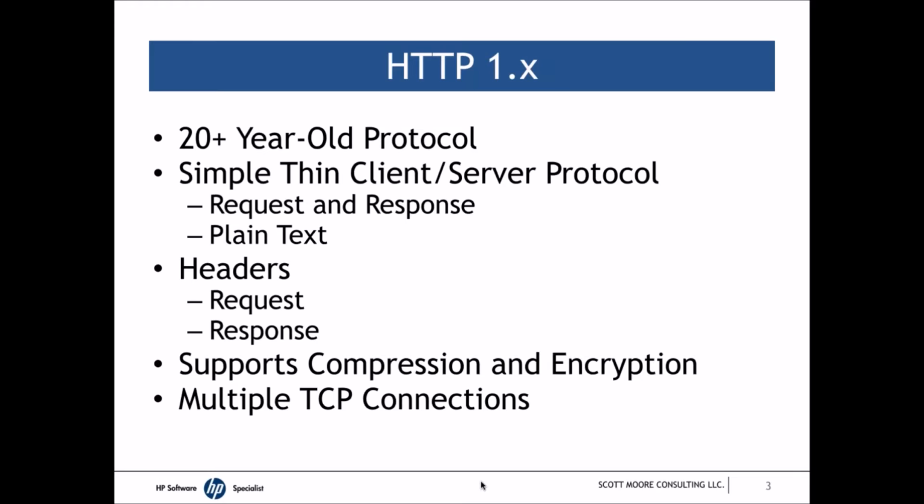It does support compression and encryption, and over time, after 1.0, began to support multiple TCP/IP connections within a browser. Instead of 1.0, which was just send one request, get a response, then send another request, we added pipelining in 1.1 so that we could begin sending multiple requests off without waiting on the first request to have a response back.